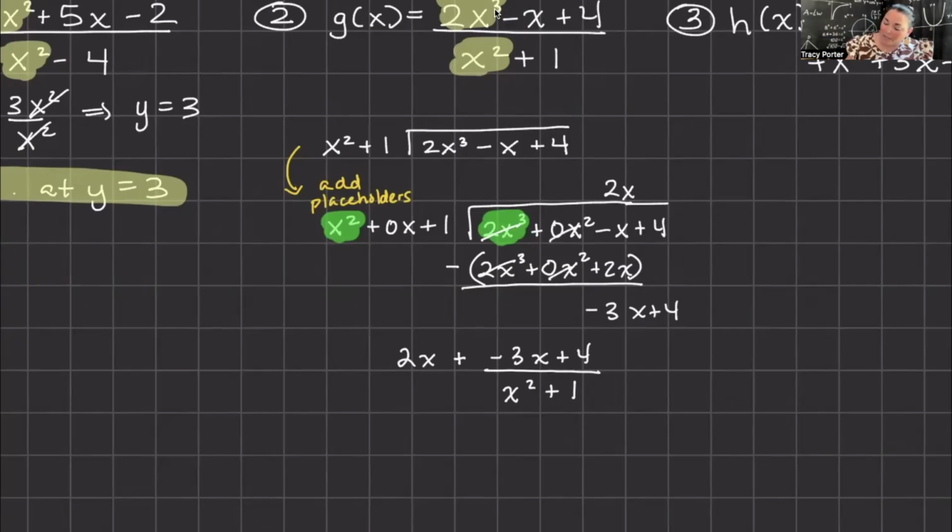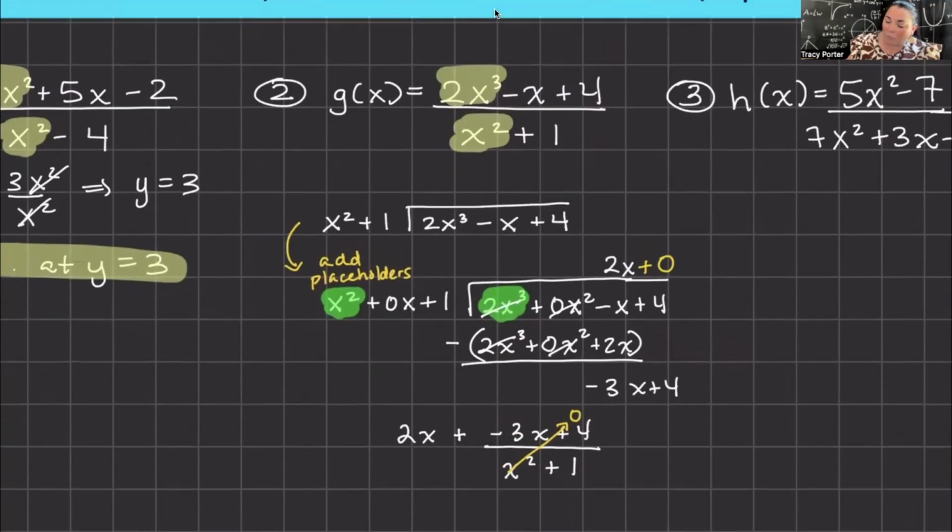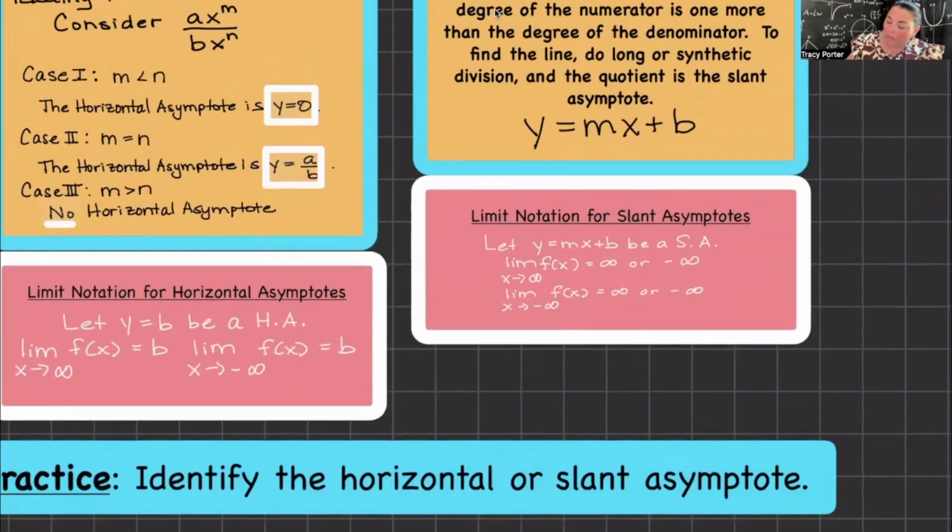Okay, so we can see this is really going to go to 0 eventually because this power is bigger. So this is really like 2x plus 0. So you can think of it like that, that's going to go to 0. So it's just 2x plus 0. So really this y equals mx plus b form, the b is really just 0.